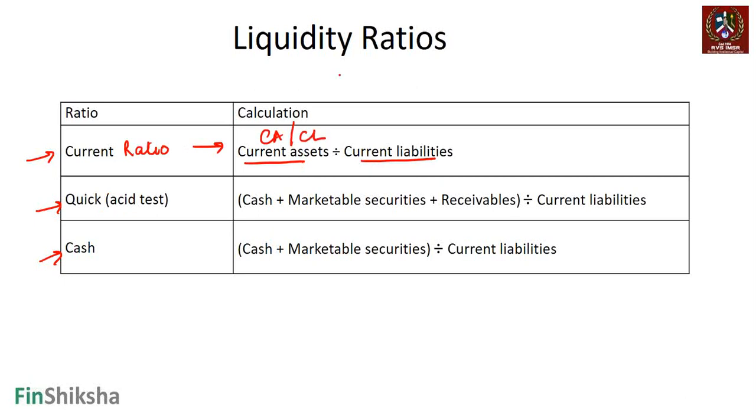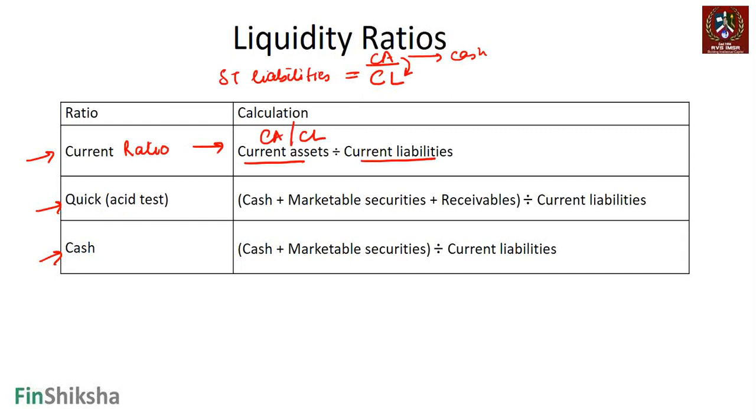What does this signify? Remember, my short-term liabilities or obligations are nothing but my current liabilities. How much current assets do I have that I can readily convert to cash in order to cover my current liabilities?